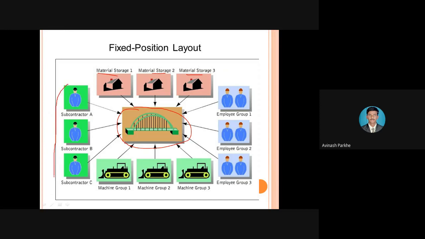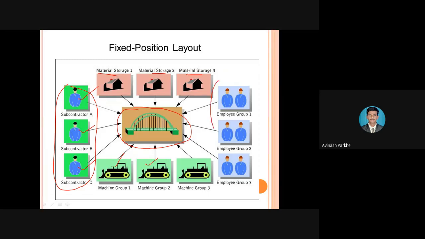Then whatever contractors are required, in that contractor group some engineers, supervisors and laborers are there, and they come towards the bridge. Then whatever machines are required for construction, some tractors and other machines, all the tractors, machines and material handling equipment, we have to bring near to that bridge only.